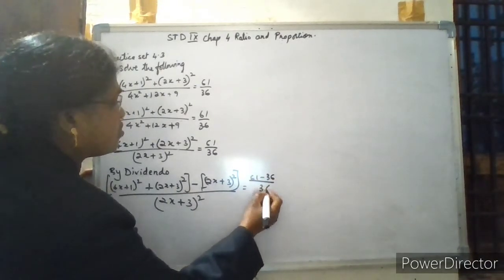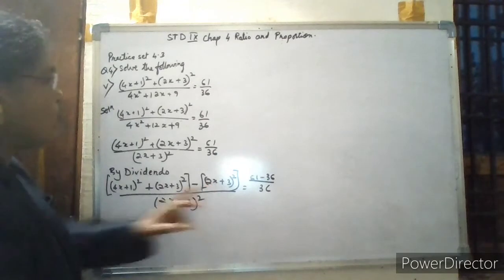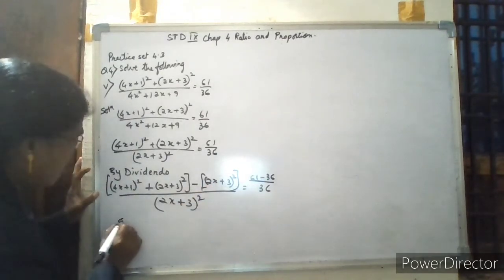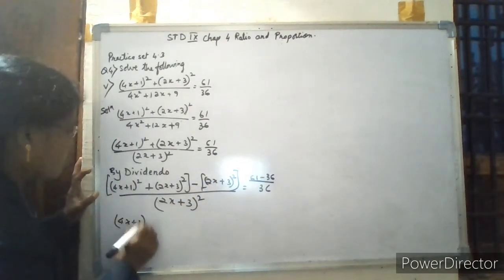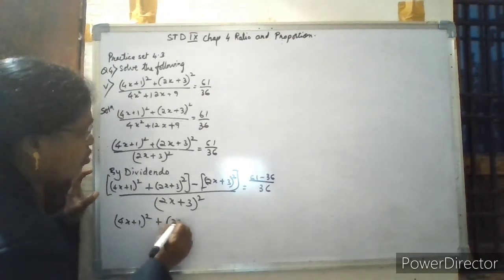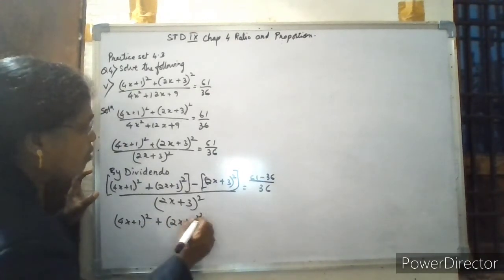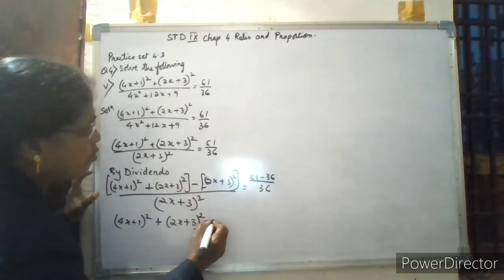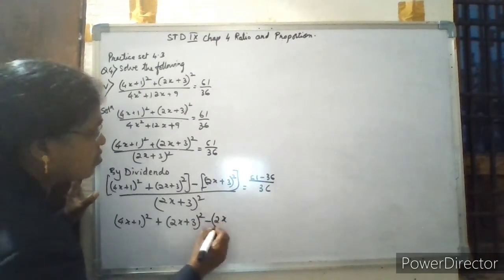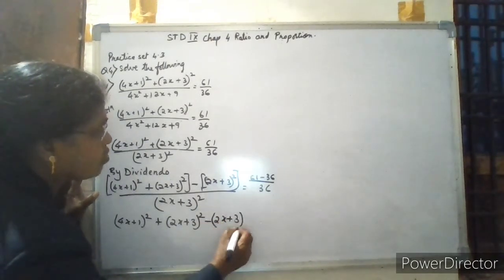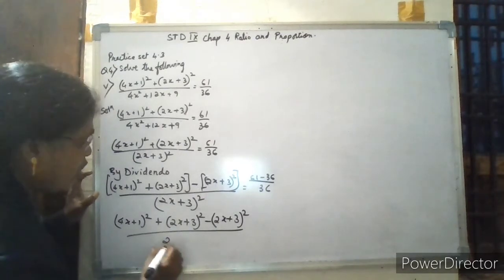So now open the square bracket. It is 4x plus 1 the whole square plus 2x plus 3 the whole square, plus into minus will give minus 2x plus 3 the whole square, upon 2x plus 3 the whole square.